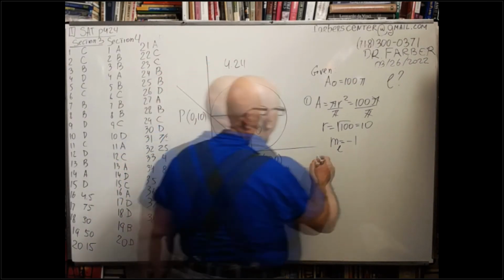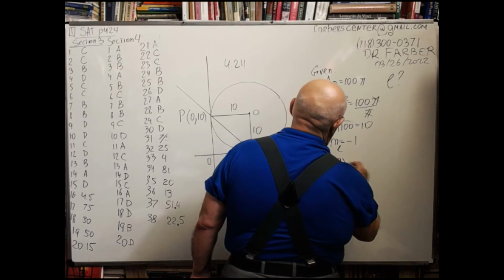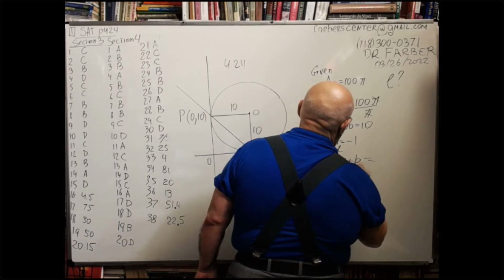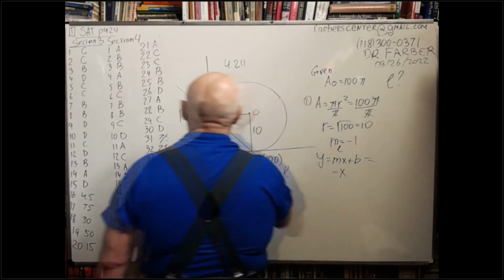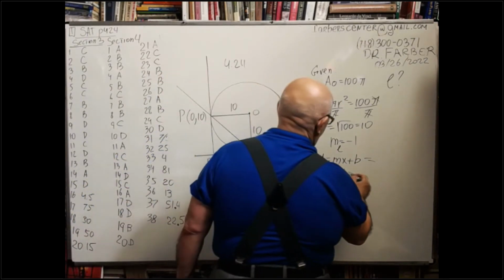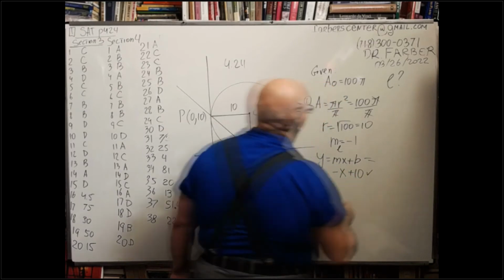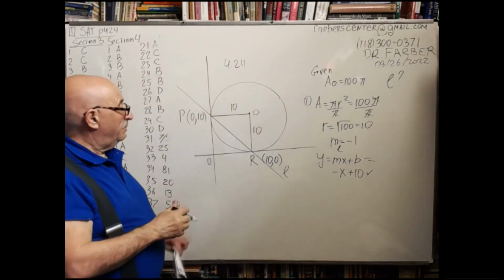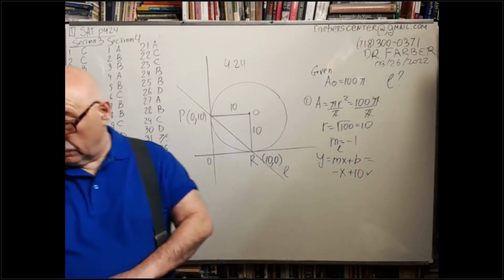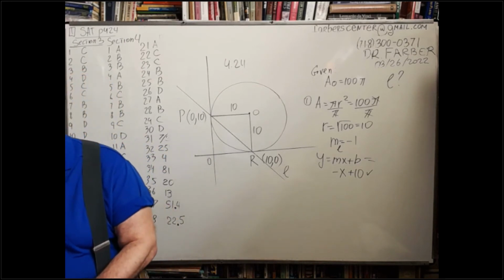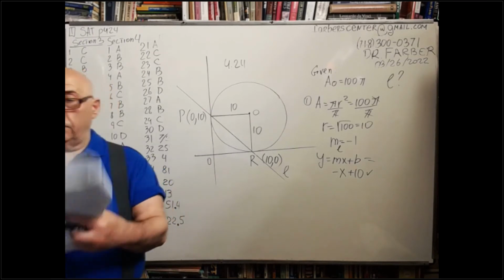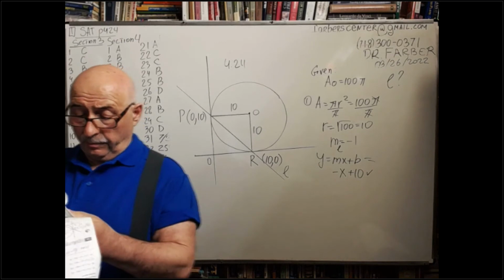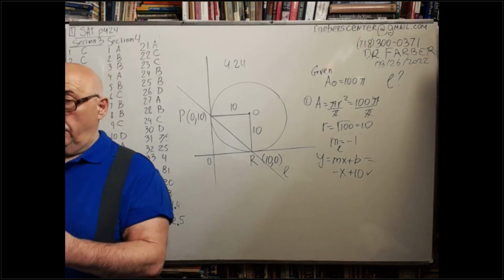And y equals mx plus b, where m equals -1. It would be -x. And the y-intercept is 10. Okay. So far, so good, students. It was 424. Okay.